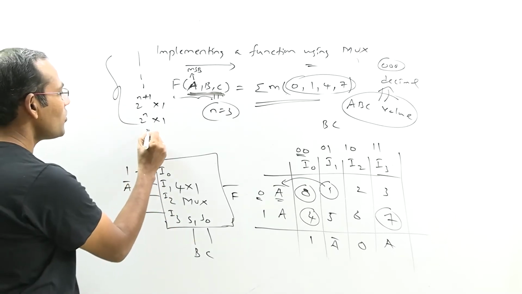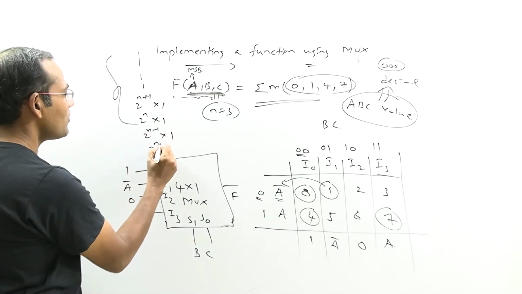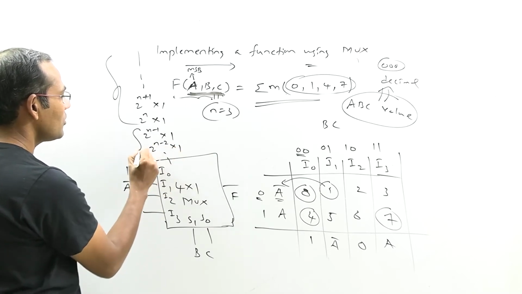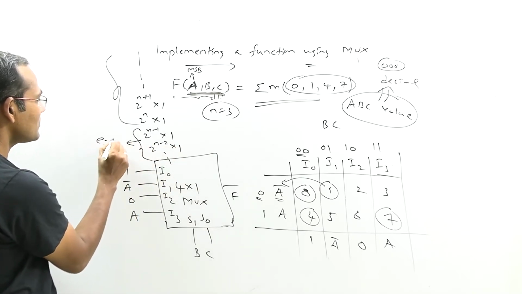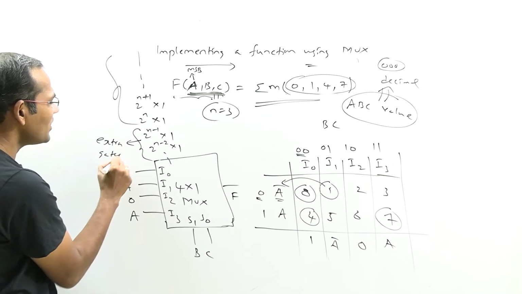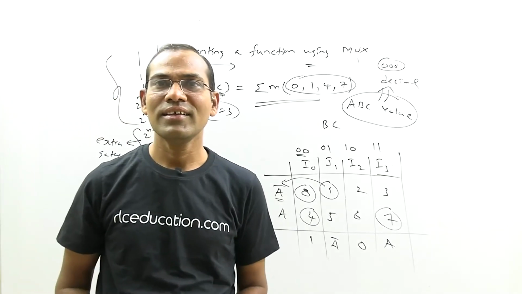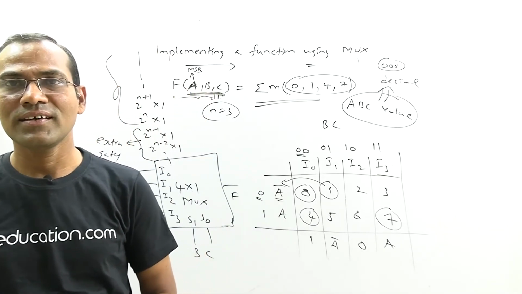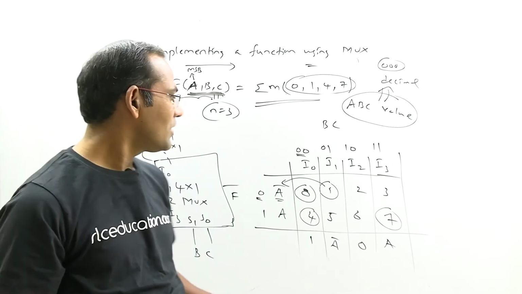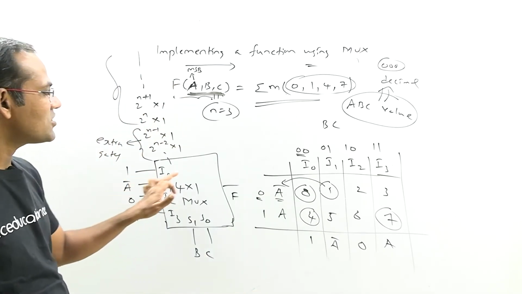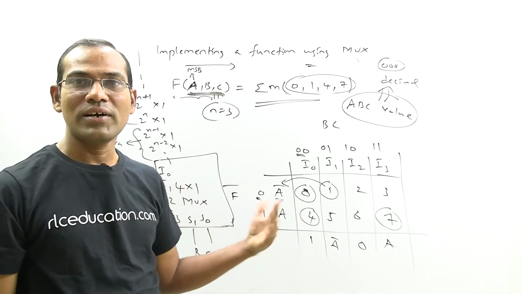Whenever you go for a 2^(n-1) by 1 mux, 2^(n-2) by 1 mux and so on, you require extra gates. Don't think that extra gates are needed every time. For some functions they are needed. So here one NOT gate is needed in addition to the mux.